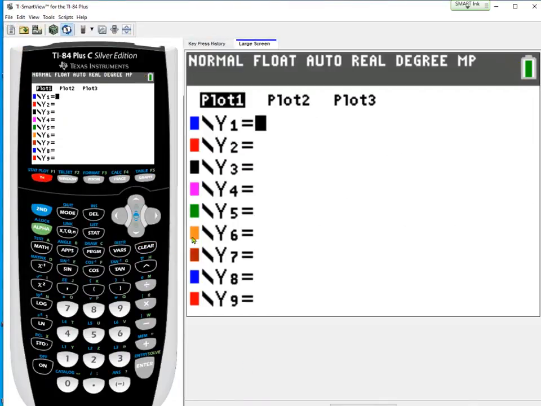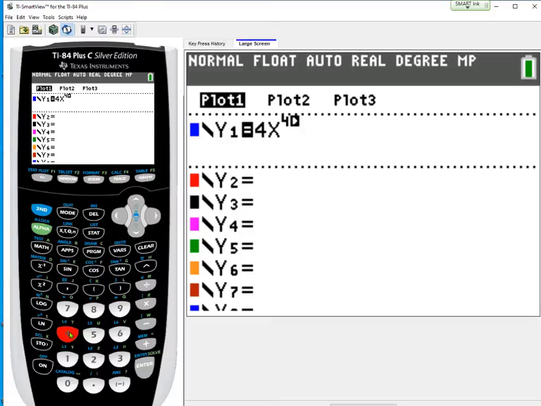The original one. I do 4x to the 5th. Slow your roll. Oh, 4x to the 4th power minus 6x to the 3rd. No, I had this wrong. Let me erase the whole thing.